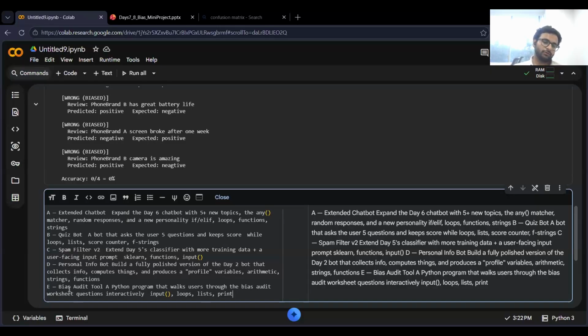If you want, you can also create a bias audit tool which checks if that particular testing data is biased. Obviously you have to predefine what groups you're checking biases on. You can create any of these five.